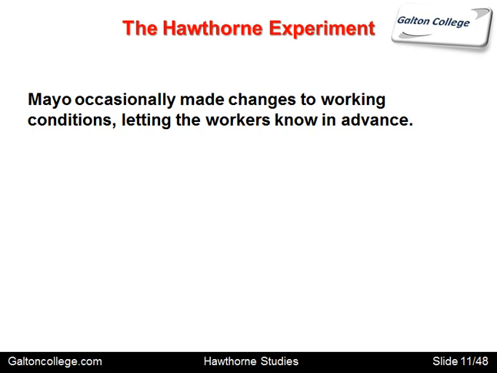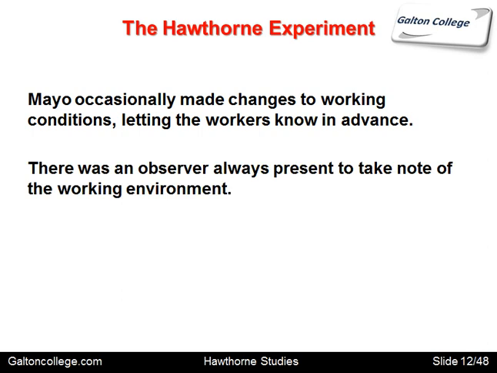Mayo occasionally made changes to the working conditions, but letting the workers know in advance what was being planned or what was being changed. There was an observer always present to take note of the working environment.